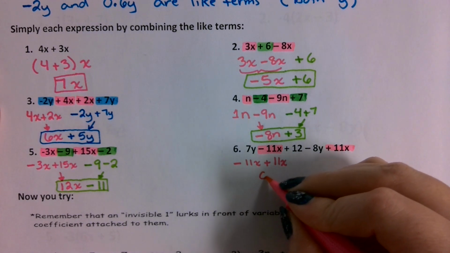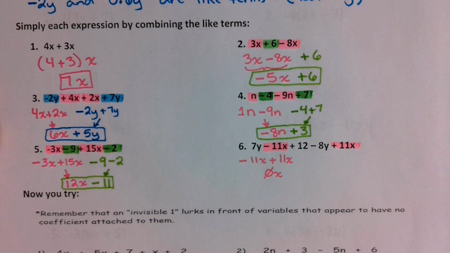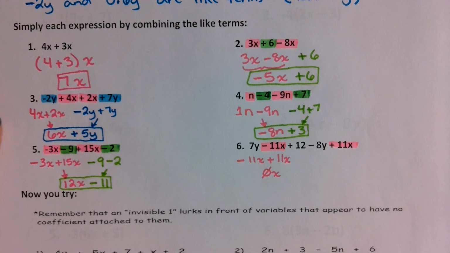I can write 0x, and I'm going to put a little slash through it so you know that this is a 0. But there's no reason for me to write it. When my expression is simplified, if it is a value of 0, because we know, based off of the multiplicative identity of 0, that anything that you multiply by 0 is just 0. So I don't even have to write the 0x anymore.